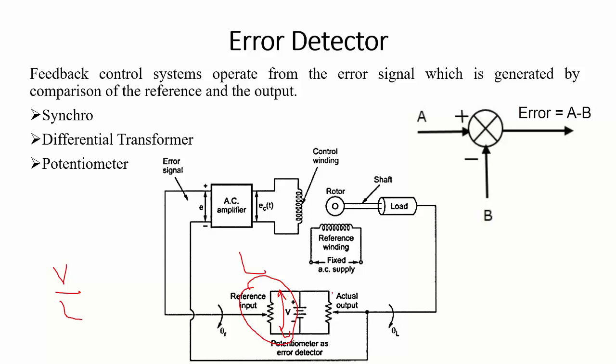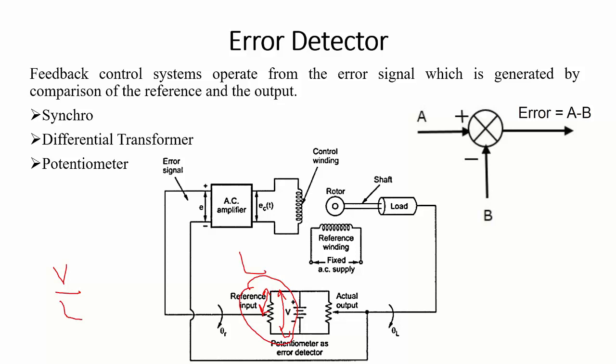A similar gradient will exist on the secondary side since both the resistances are identical.